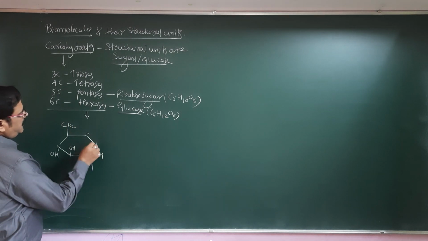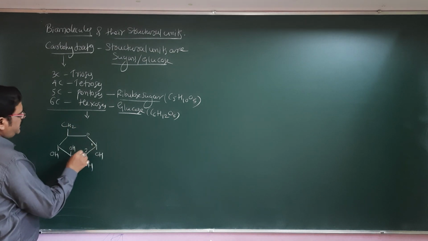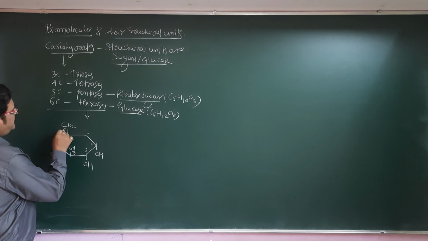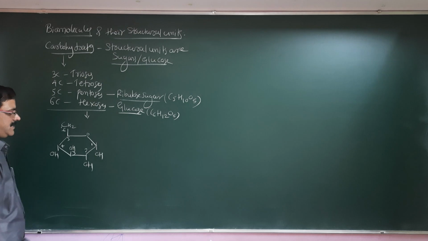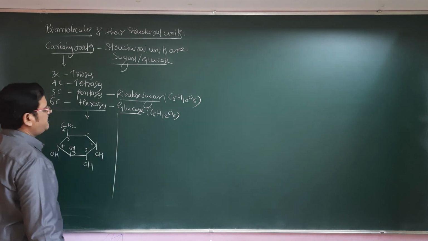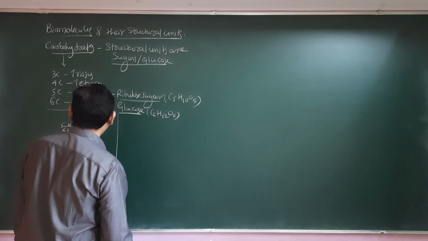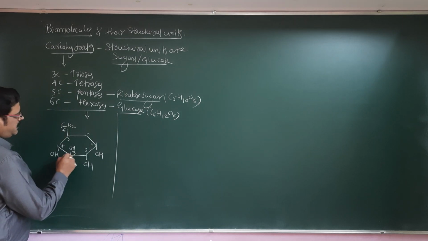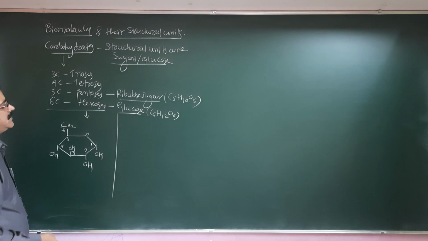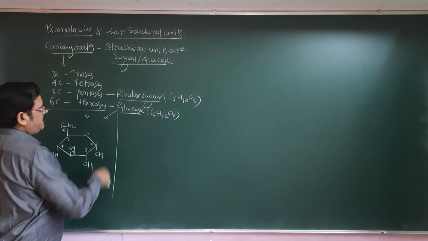So the first carbon, second, third, fourth, fifth, and the sixth carbon here. This is the glucose or hexose structure we are observing.